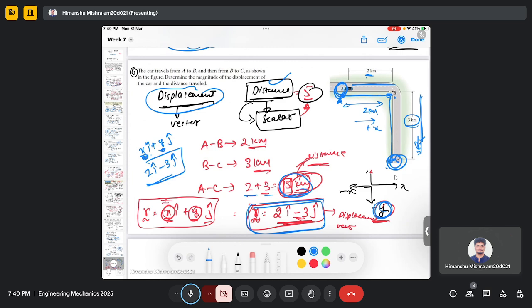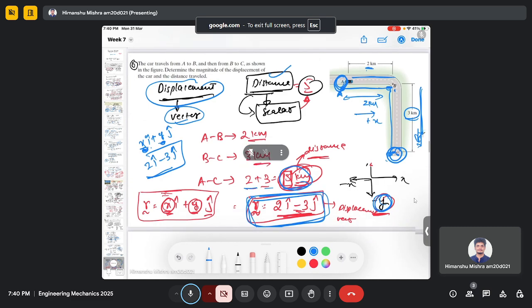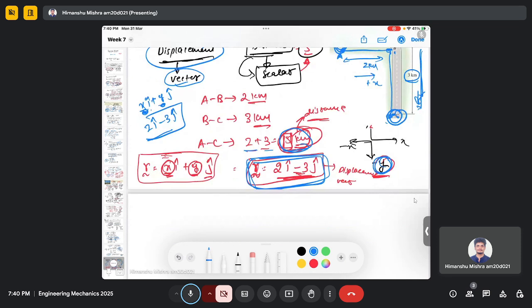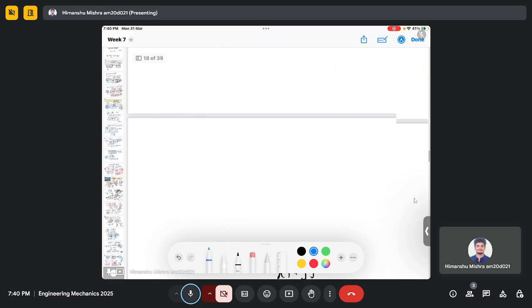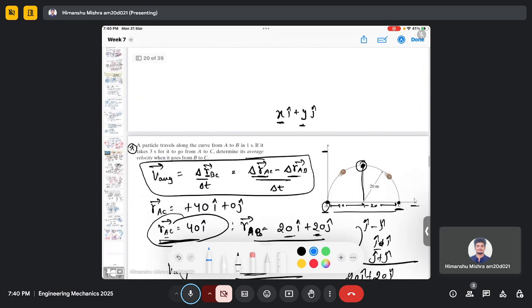Okay, so there is no numerical answer as such. We can just write it, because displacement is a vector quantity, so you will get an answer in the vector quantity itself. A to C would be a straight line, so we could use the Pythagoras theorem, two square plus three square.